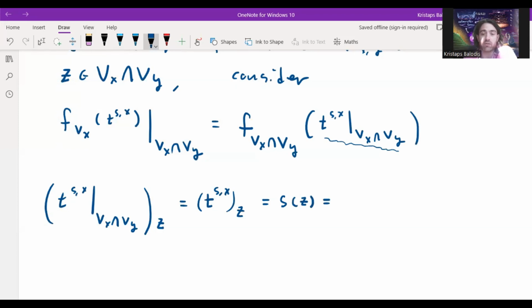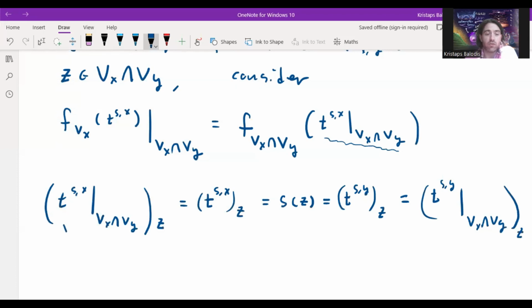But it also lives in V y, so we know that that's the same as t S y. That's the germ at z, and by reversing this argument, that's the same thing as this. Right. So the germs of this thing and this thing are equal everywhere in the intersection. And because G is a sheaf, it means that these two things are straight up equal on the intersection.